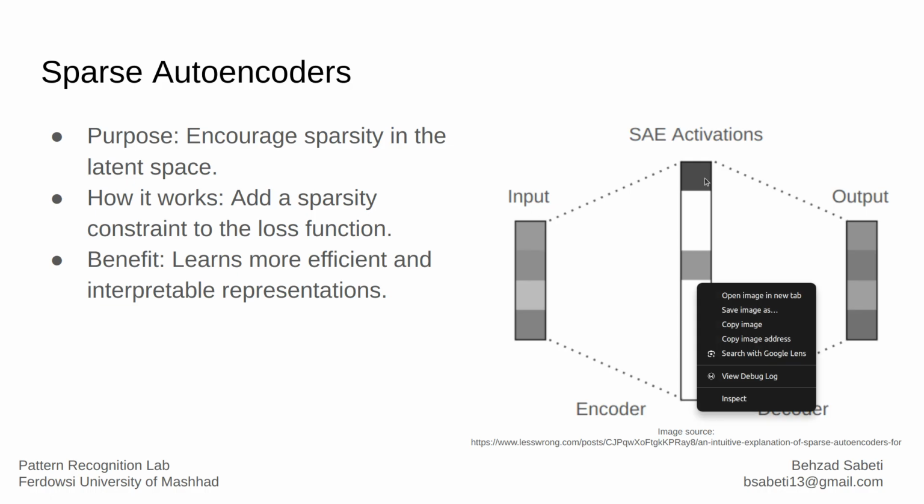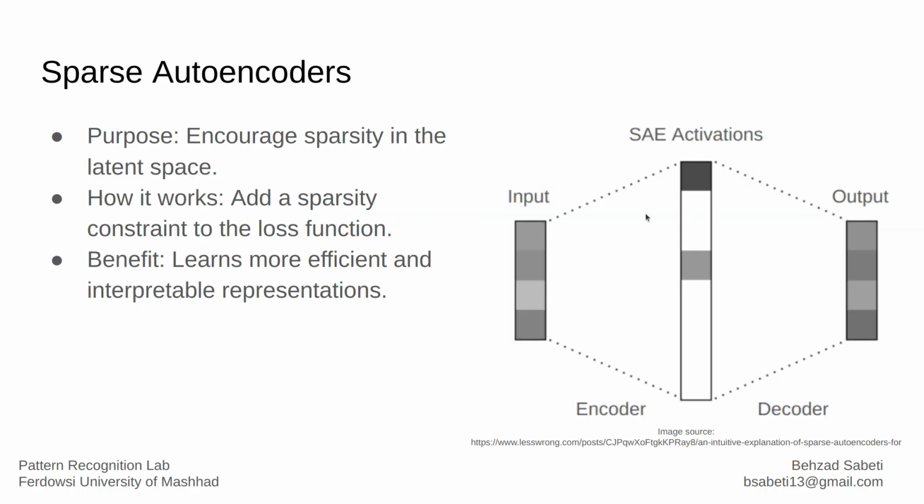And as you can see here, we have this sparse autoencoder, which is actually somewhat the opposite of the traditional autoencoders that we know, because in the vanilla autoencoder the latent space is in a lower dimension compared to the input layer.